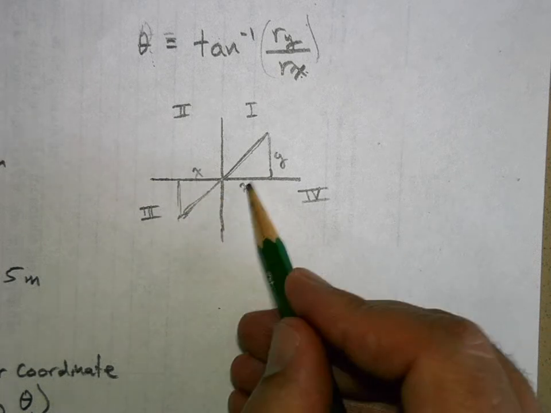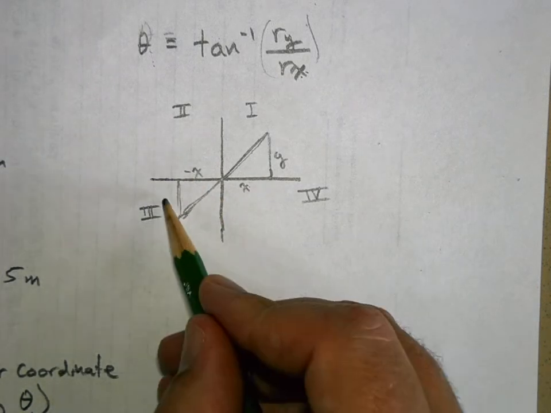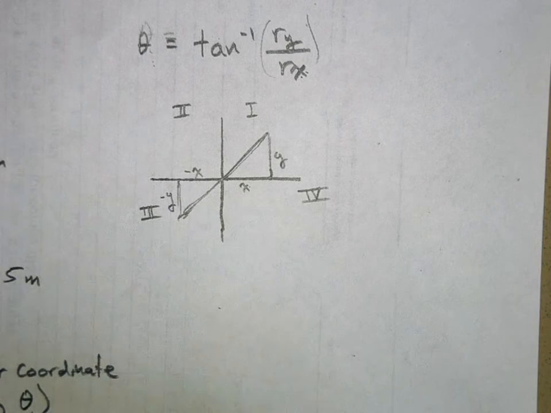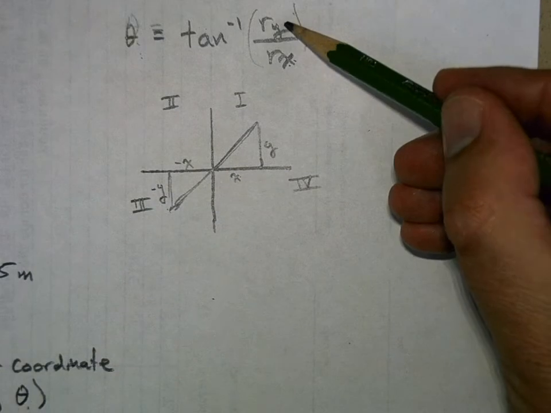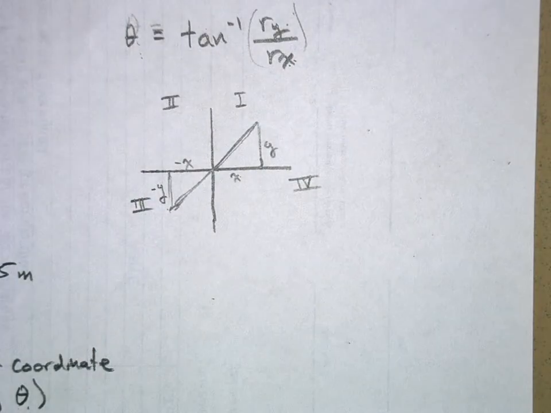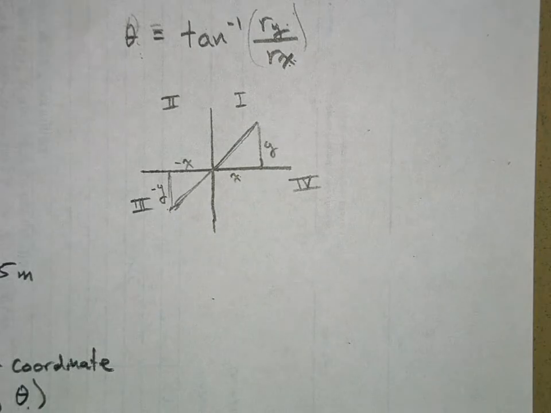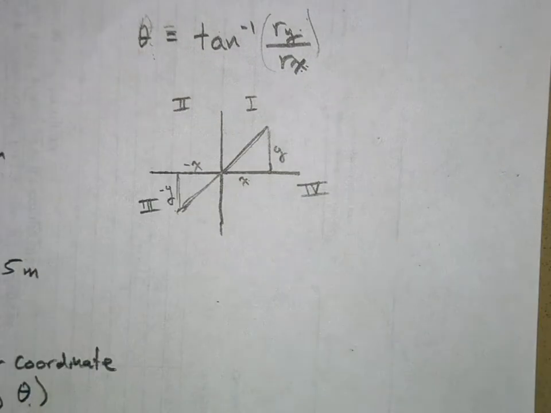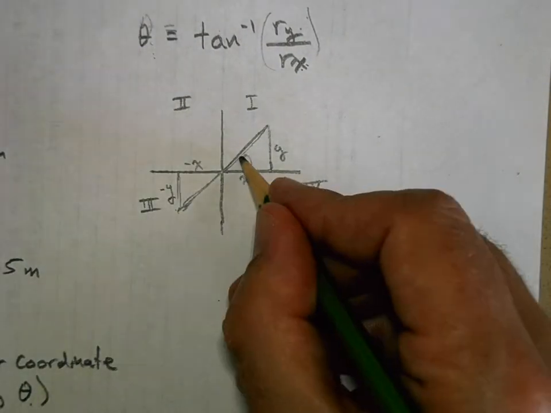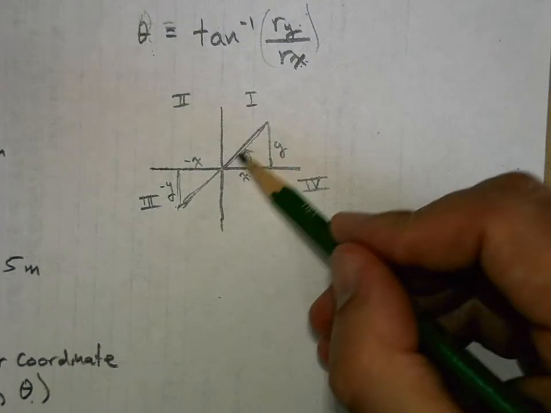Here x is negative, and here y is negative. Well, a negative divided by a negative is a positive, right? So if your ry is negative and your rx is negative, the negatives will cancel, and your calculator will give you the positive angle. It'll think that you're over here.